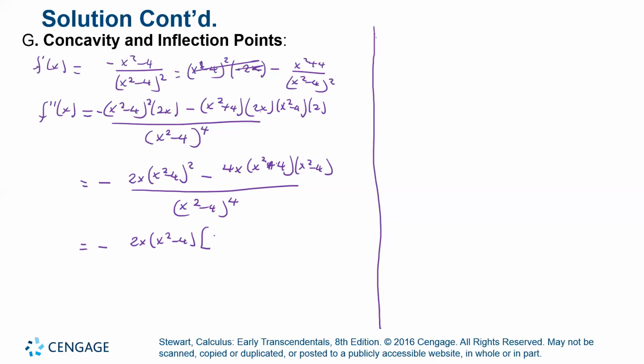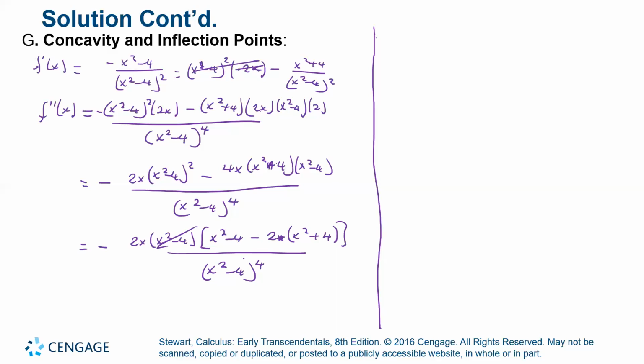Then I'll be left with x squared minus 4, one of them, minus 2 times x squared plus 4, then all divided by x squared minus 4 all raised to 4.